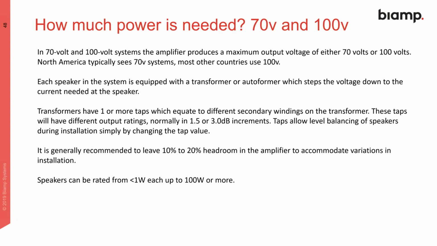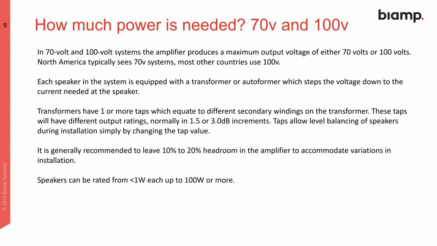70 volt and 100 volt systems. So we've been dealing with 8 ohm, 4 ohm. When we jump into the 70 volt, 100 volt systems, it's a little different because we drive the components differently. 70 volt, 100 volt refers to the maximum output voltage for the amplifier in that mode. In North America, we're typically on 70 volt systems, other countries, 100 volt.